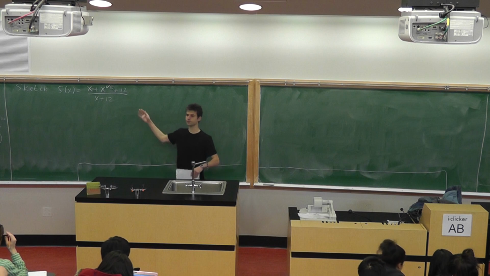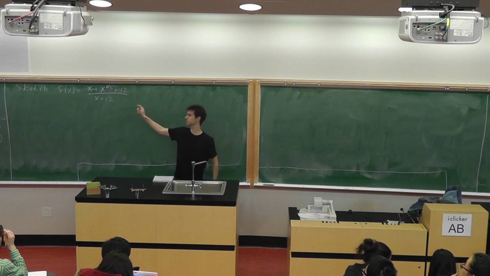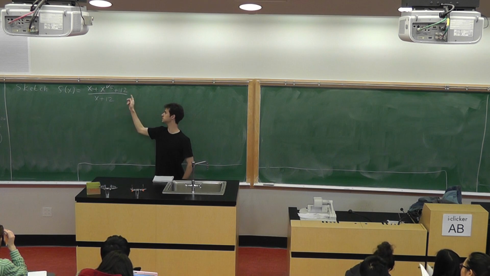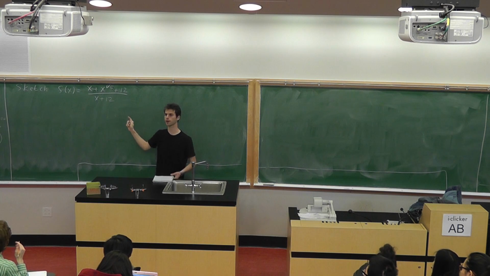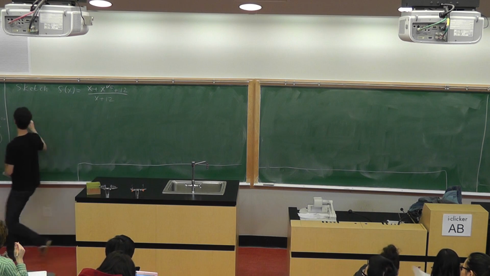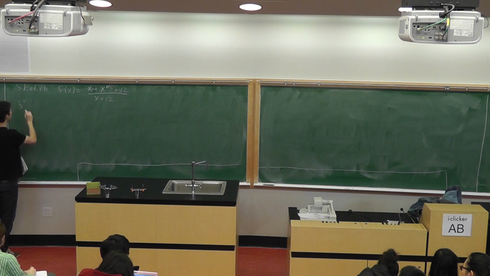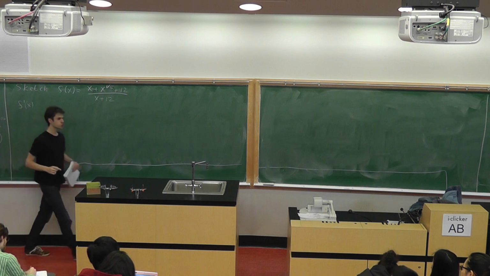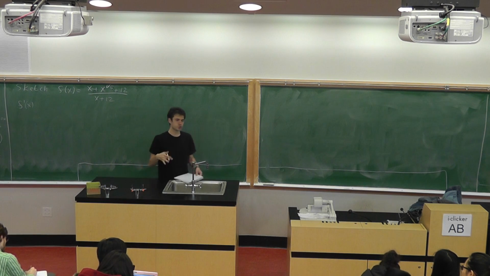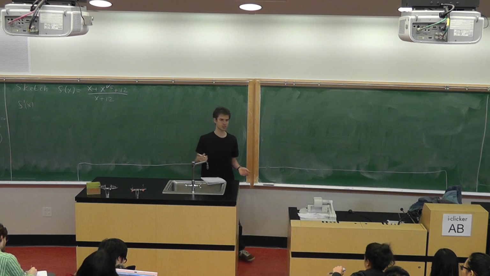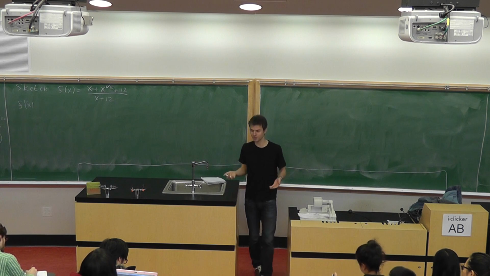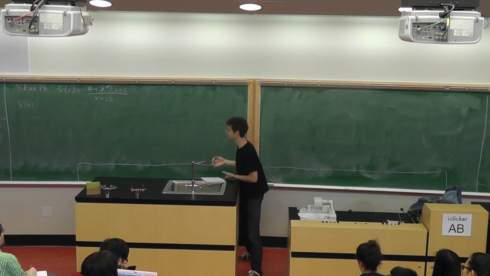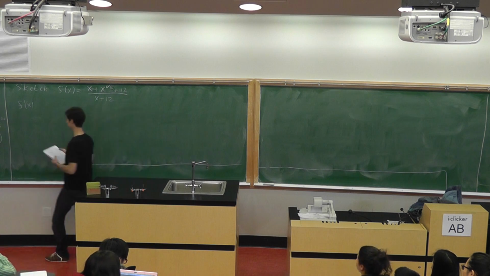Okay, so here's the function x plus x to the power 1 over 5 plus 12 divided by x plus 12. Usually you'll have to find the derivative and second derivative yourself, but if there's no time for this, then well, we'll just give it to you.